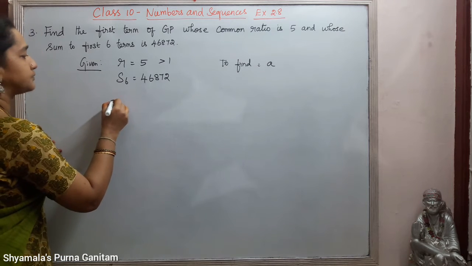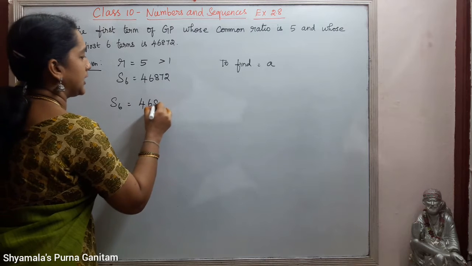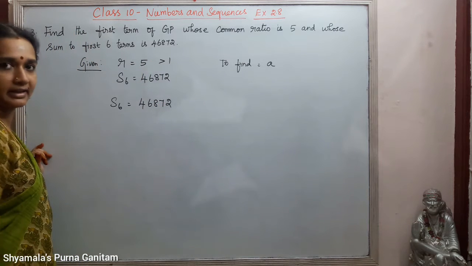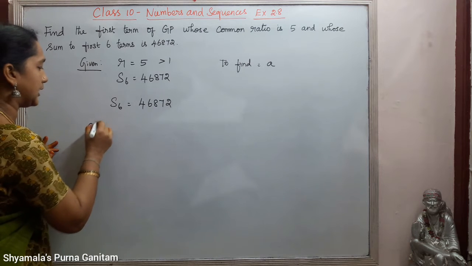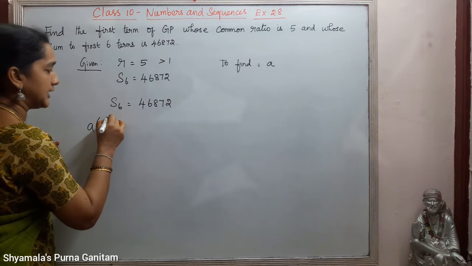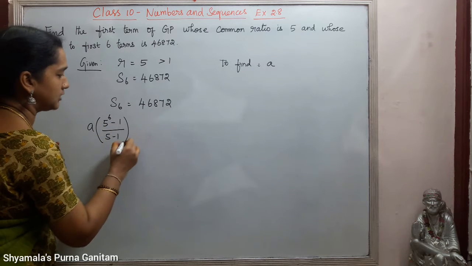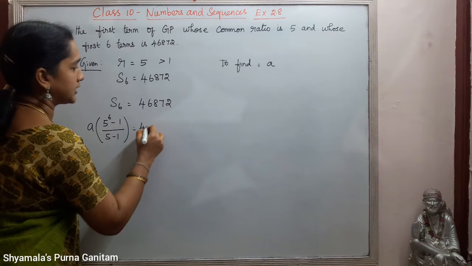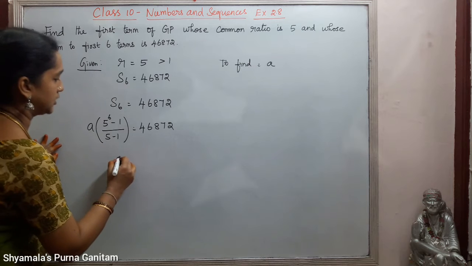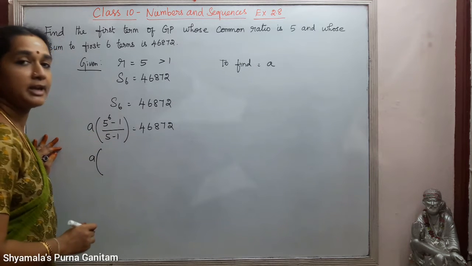Okay. So S6 is equal to 46,872. Since this ratio is greater than 1, we will take A into R power n, 5 power 6 minus 1 by 5 minus 1 is equal to 46,872. Okay, so here when we simplify this, we will get A into 5 power 6.